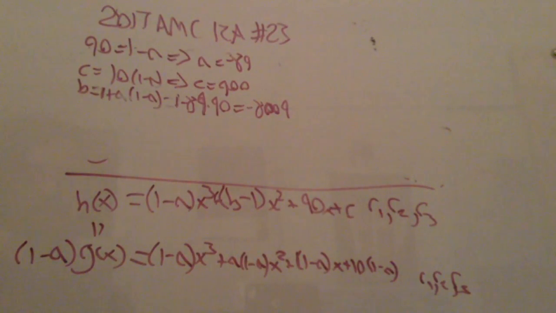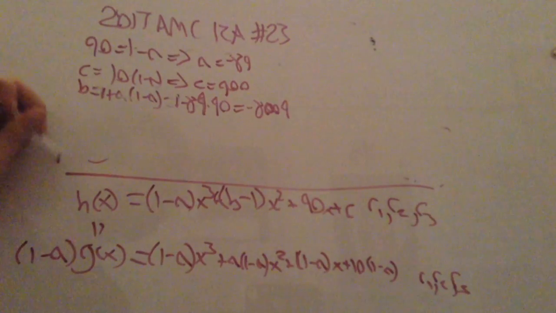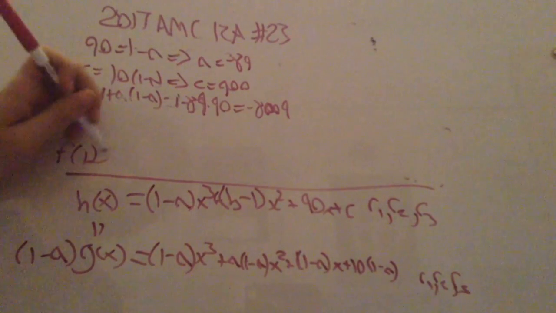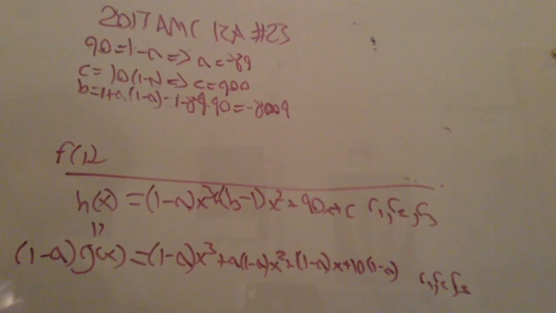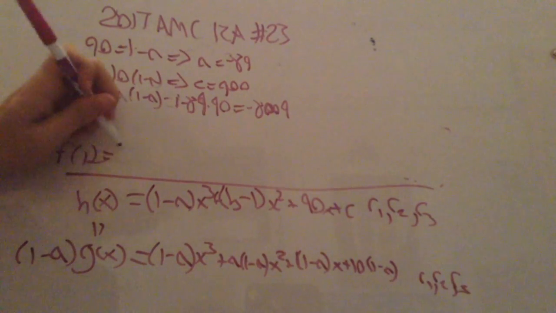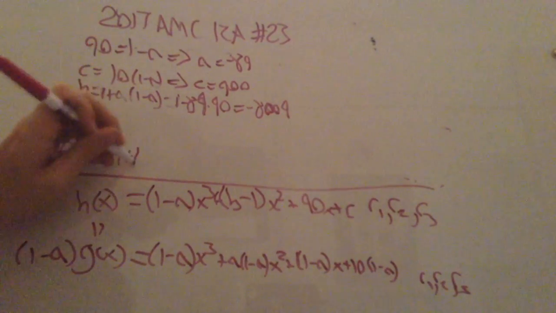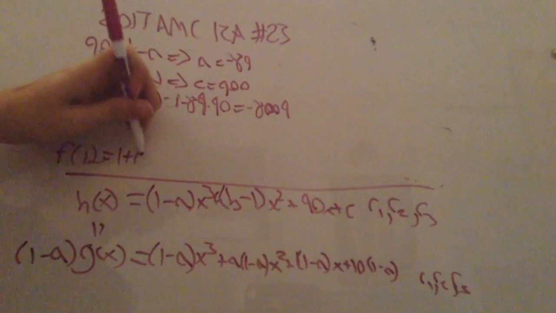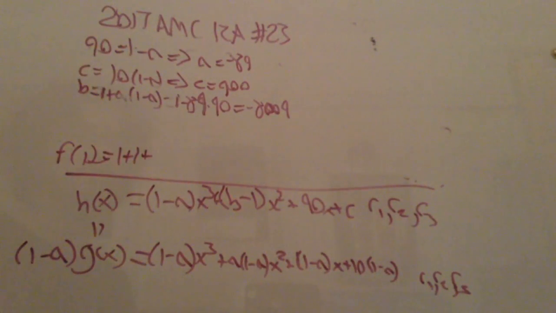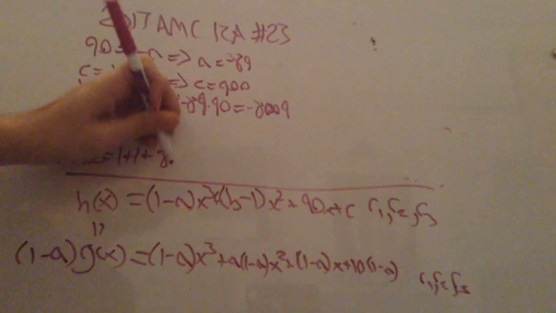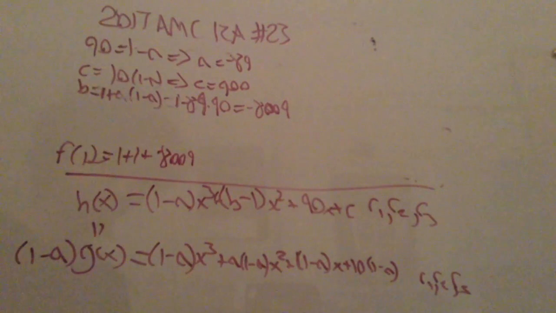So the solution is asking for f of 1. So f of 1 is equal to, well, we have 1 to the 4th, which is just 1. 1 cubed, also 1. b times 1 squared, which is b, which is negative 8,009.